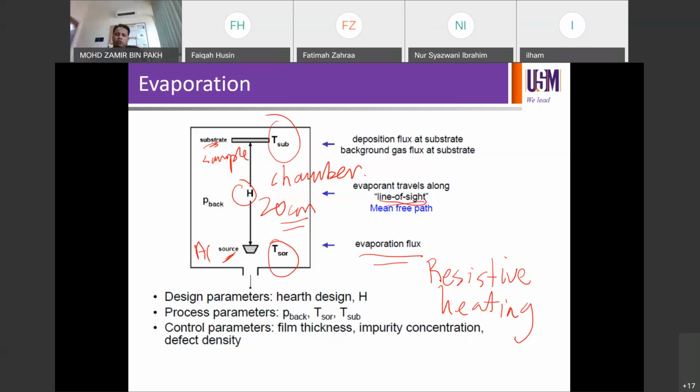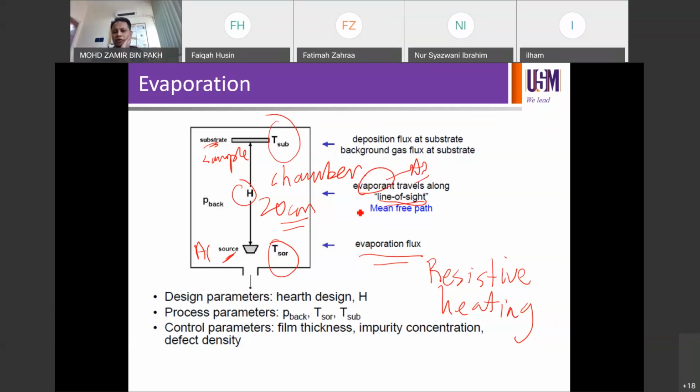So kalau you ada precursor material kat bawah, but then your sample is way out of the diameter, jauh ke tepi, then you won't have anything deposited on your substrate. So you need to put it right on top of the precursor material, so at a straight line. So we call it line of sight deposition. So the evaporant here would be your aluminium, the material that you want to evaporate or deposit.